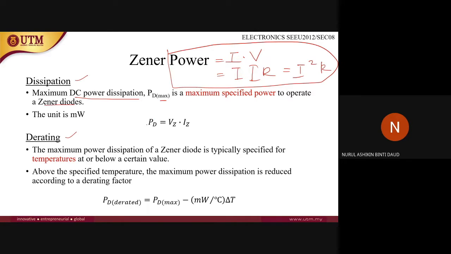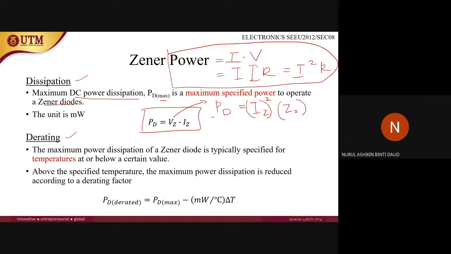For Zener diodes, to calculate the power dissipation PD, it is VZ, the voltage of the Zener, times IZ, the current of the Zener. If the voltage of the Zener is not given, but the impedance of the Zener is given, you can change this formula into PD equals IZ squared times ZZ, if the impedance of the Zener is given.